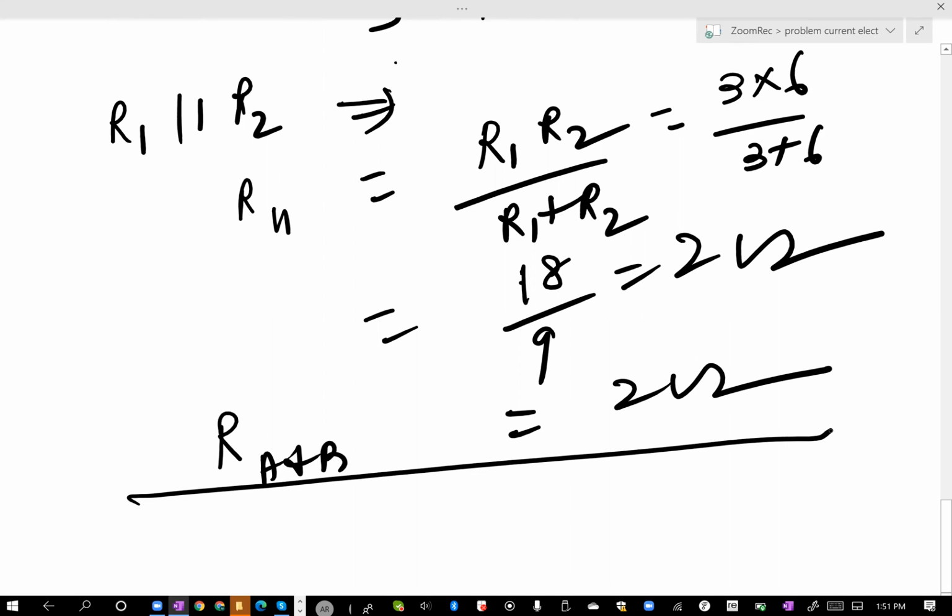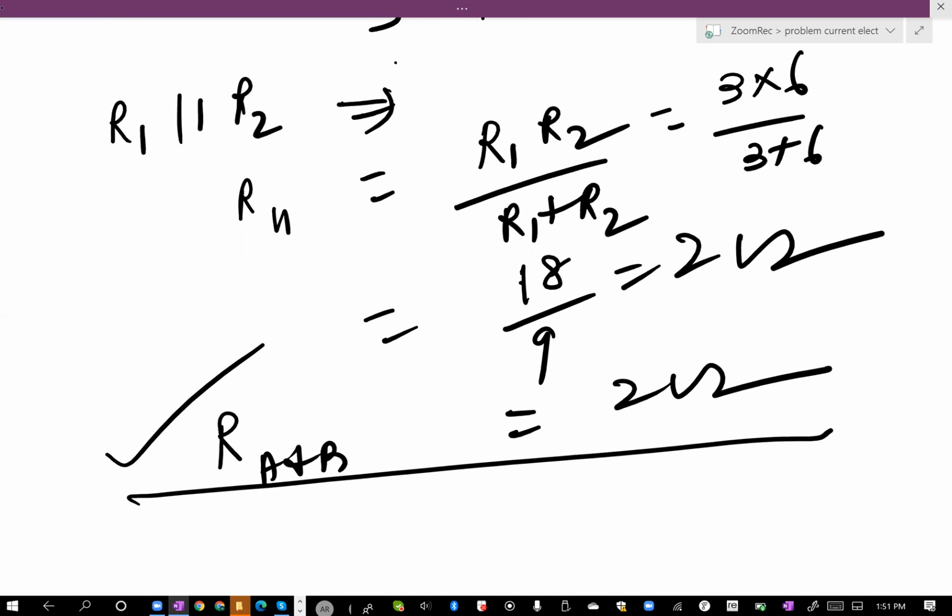Even if you use different closed circuits and apply Kirchhoff's law and try to solve the problems, you will get the same answer as this. But this is an easier method. So always in complicated circuits, you first try whether it is giving out a Wheatstone's-like bridge.